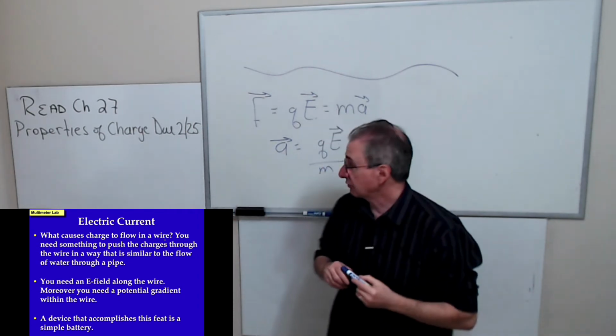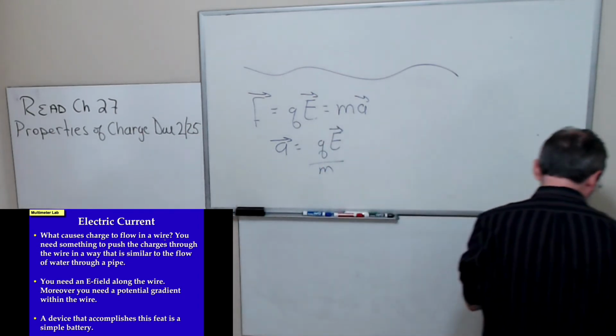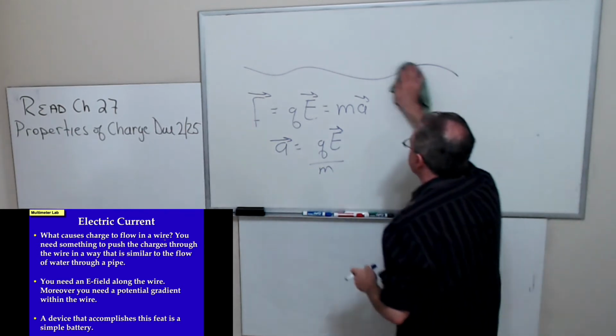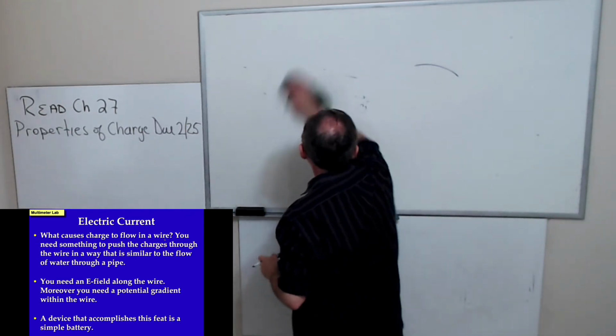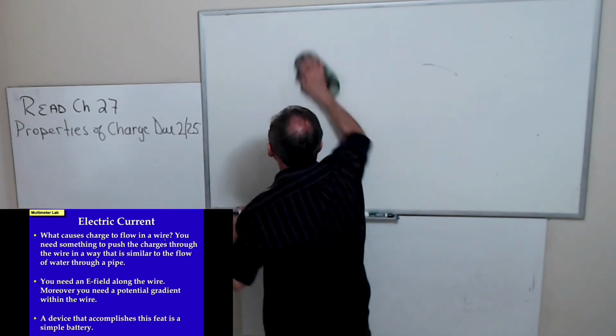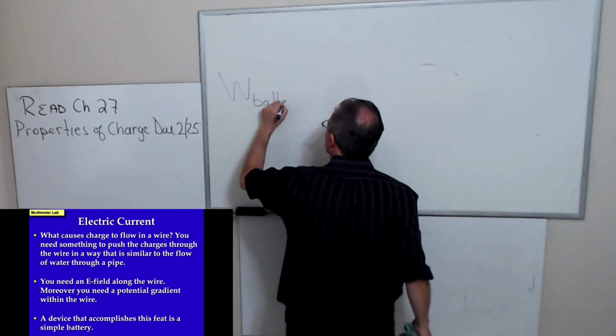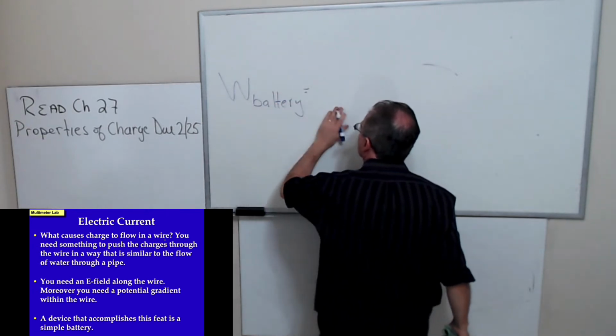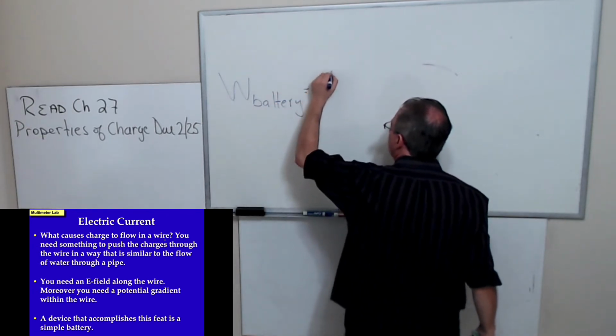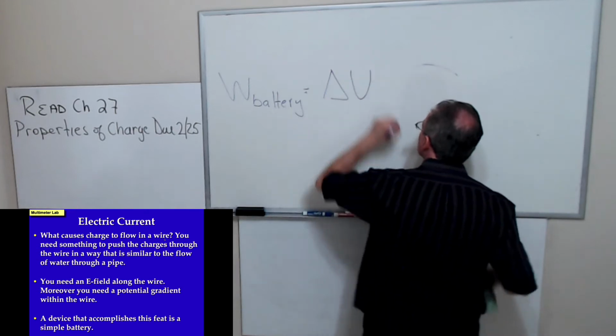Same thing with the electron. The battery does work on it. The work done by the battery basically increases its potential energy.